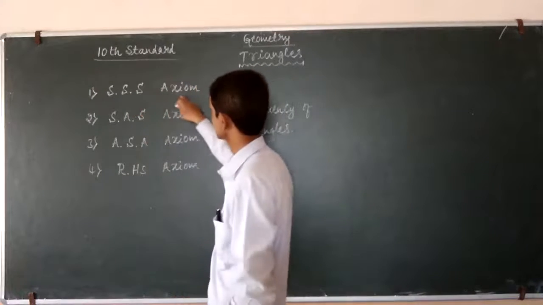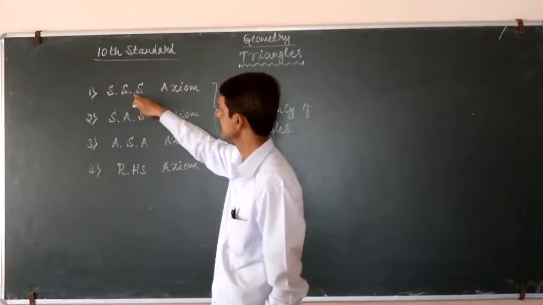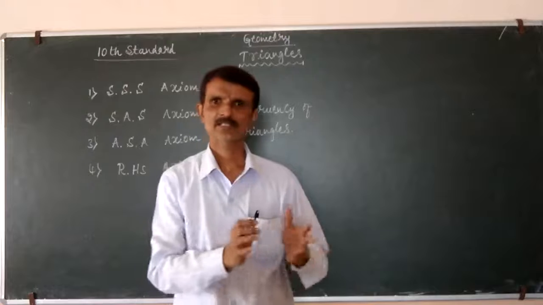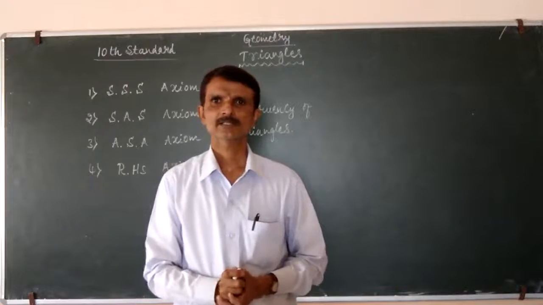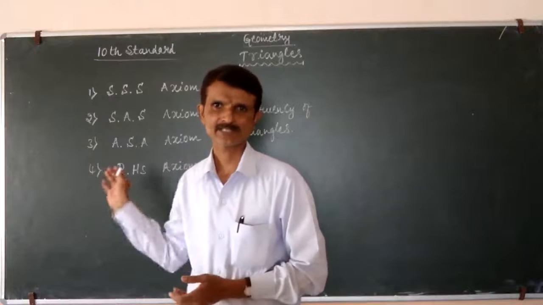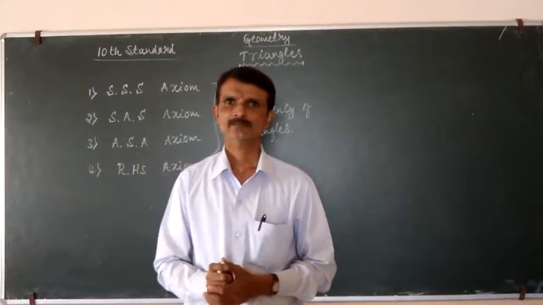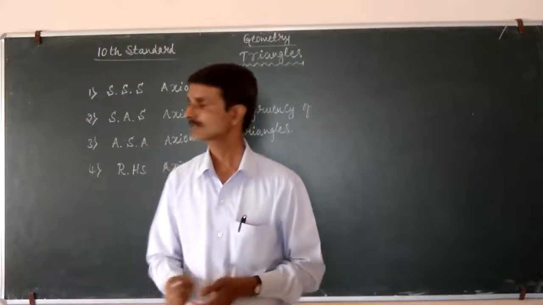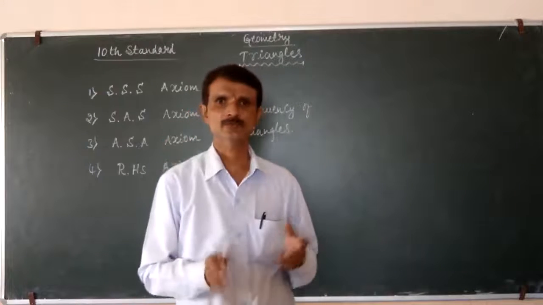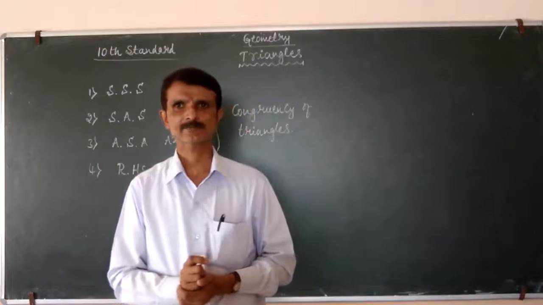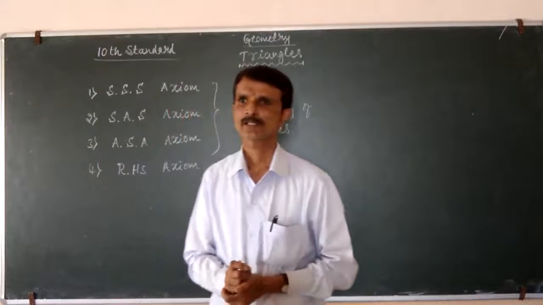Yes, axiom means side axiom. So I will just give the definition of these axioms, because you have already studied this. These axioms will help you in proving the theorems on triangles.